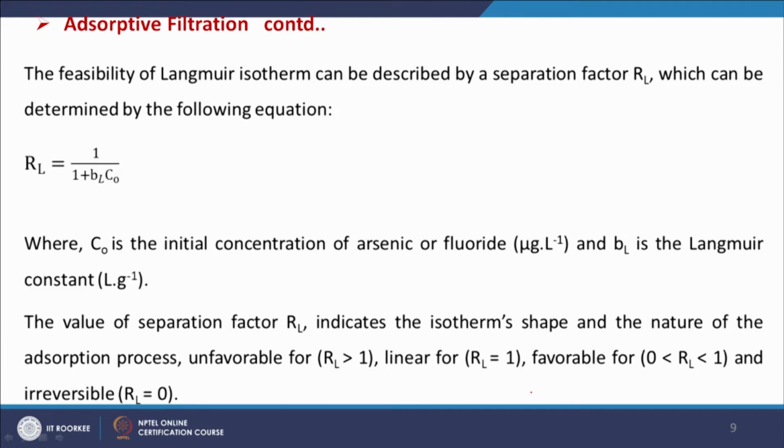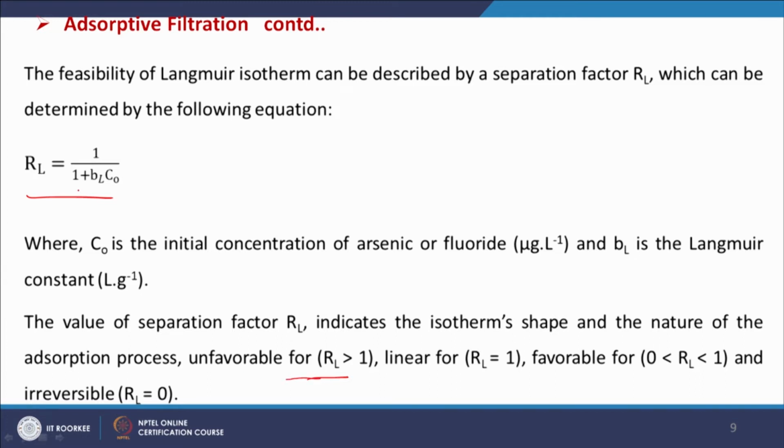The feasibility of the Langmuir isotherm can be described by a separation factor R_L, which can be determined by the following equation: R_L = 1 / (1 + B_L C_0). If the R_L value is greater than 1, the adsorption process is unfavorable.